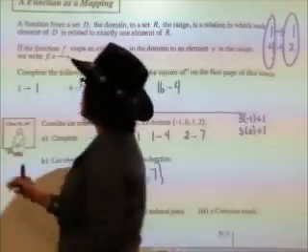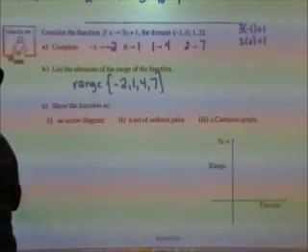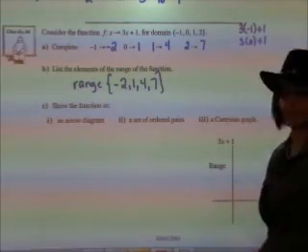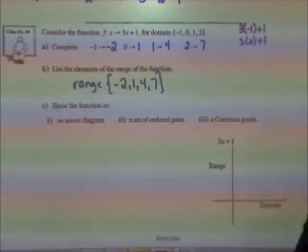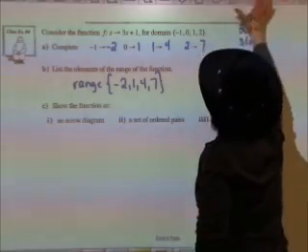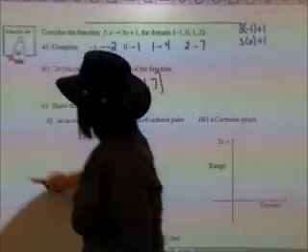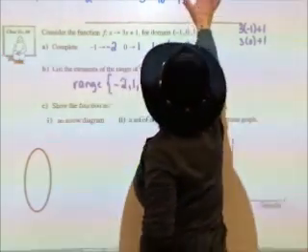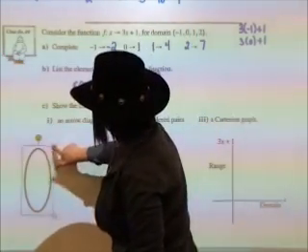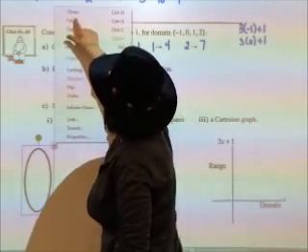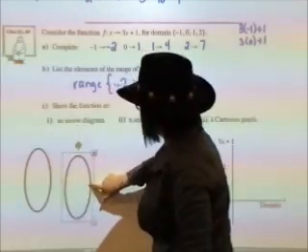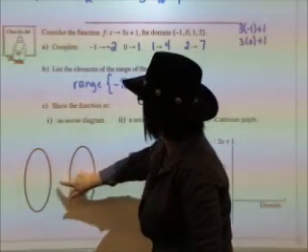So now if we show this function as an arrow diagram, a set of ordered pairs, and a Cartesian graph. So as an arrow diagram, I need 2 ovals. So there's my arrow diagram.